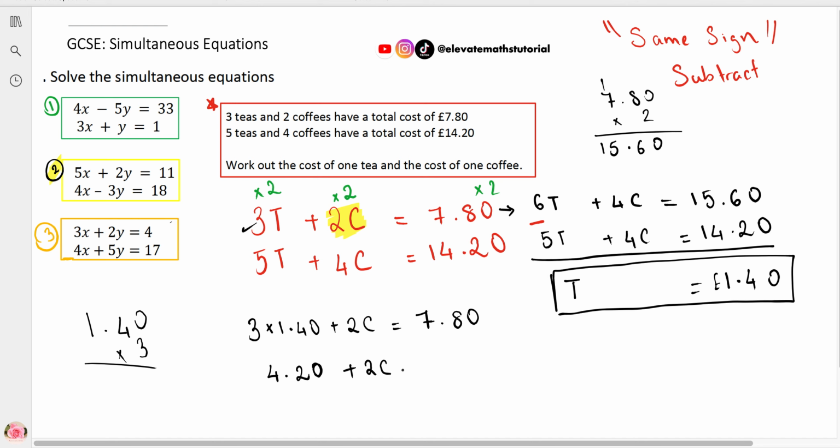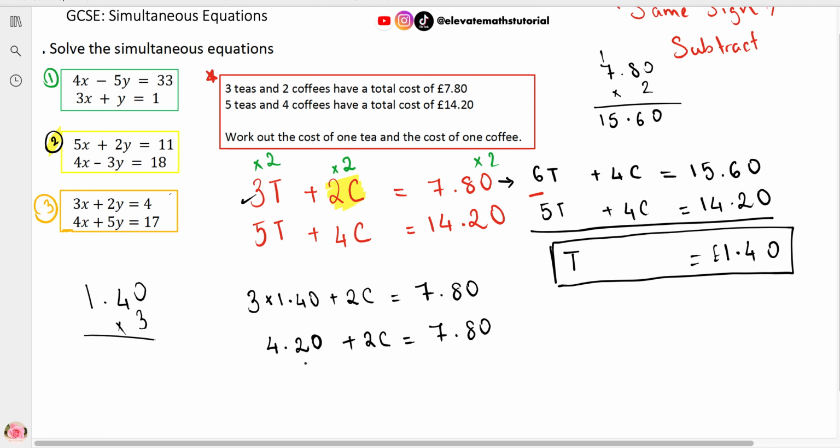Plus 2c is equal to 780. What we need to do here is minus 420 on both sides, so that goes away. So 2c is equal to, if we subtract here, that's going to be 6 and that's going to be 3. Have the decimal place in the middle.